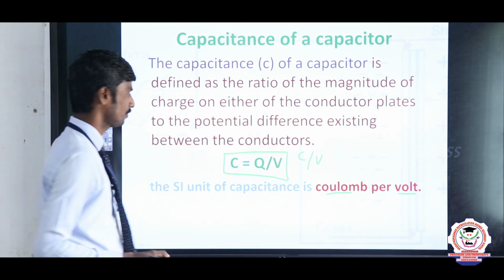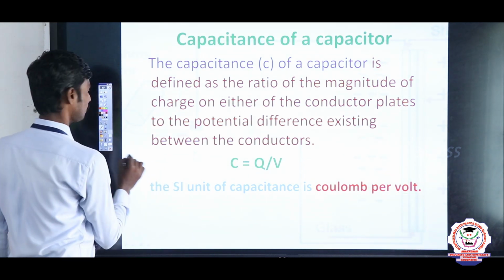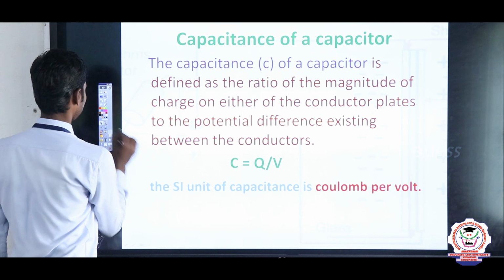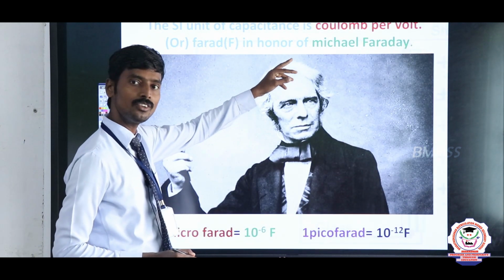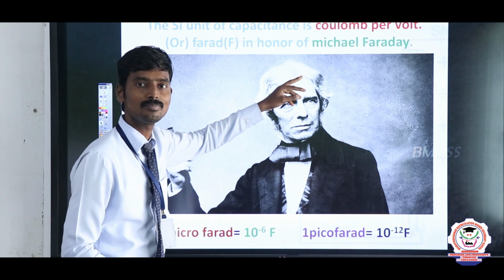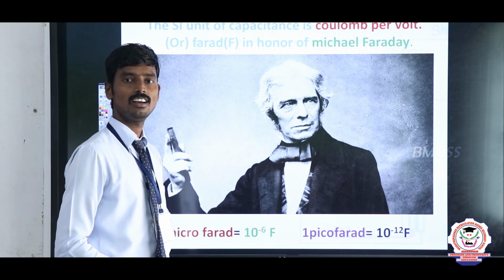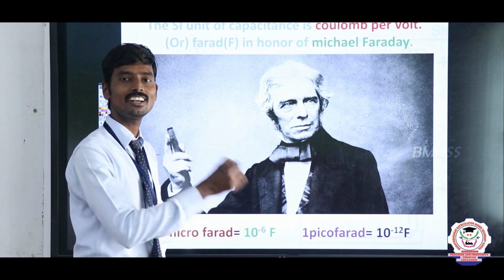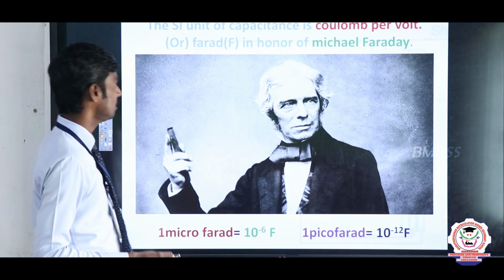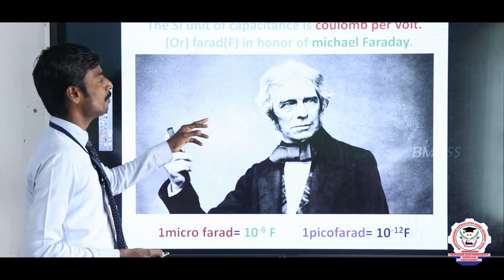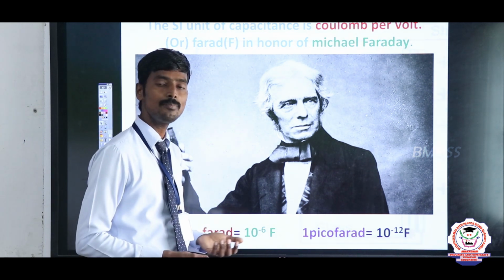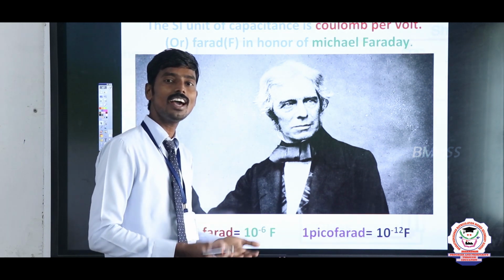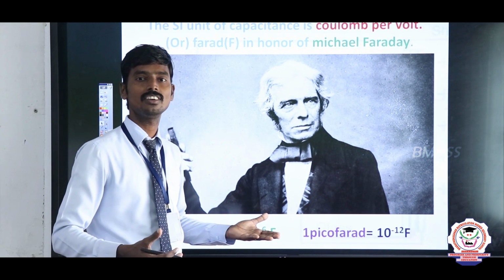The SI unit of capacitance is coulomb per volt. In other words, we call it 1 farad, in honor of Michael Faraday. But the farad is a large unit of capacitance.